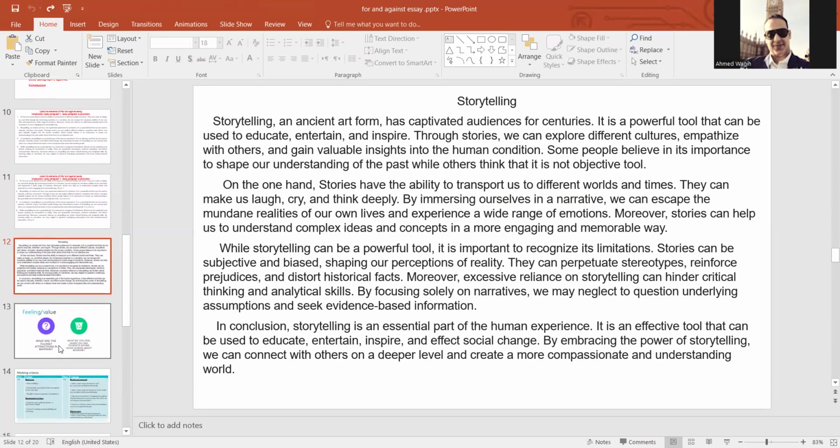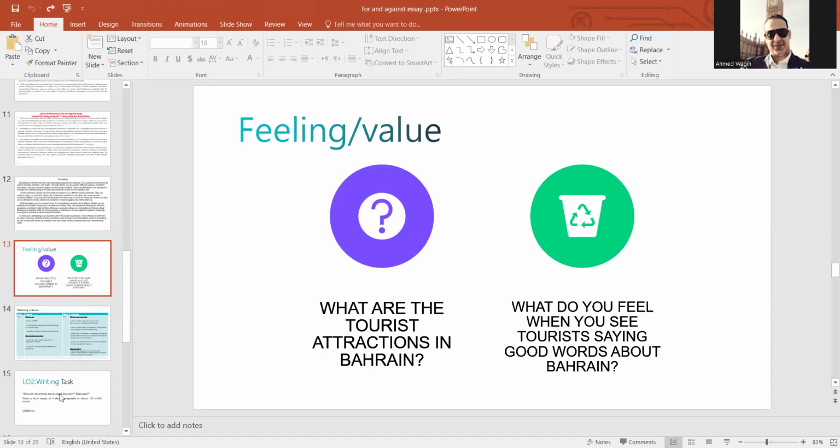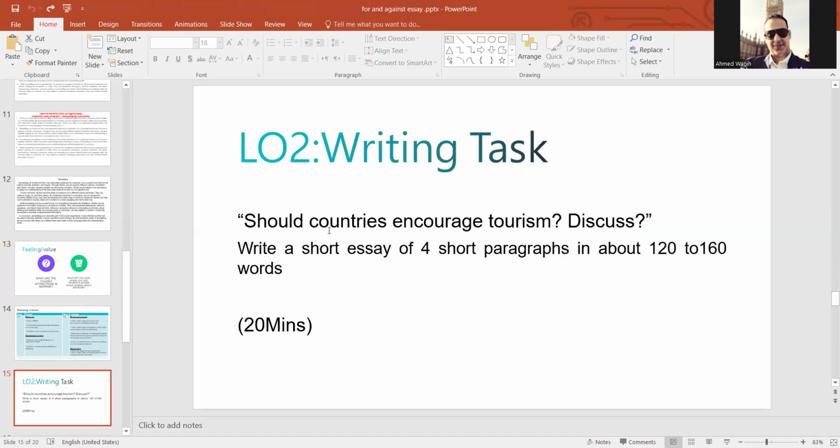Now I'll give you a task. I want you to do it in a Google form. So what are the tourist attractions of Bahrain, and what do you feel when you see tourists saying good words about Bahrain? And we need to do this task. Should countries encourage tourism? Discuss.